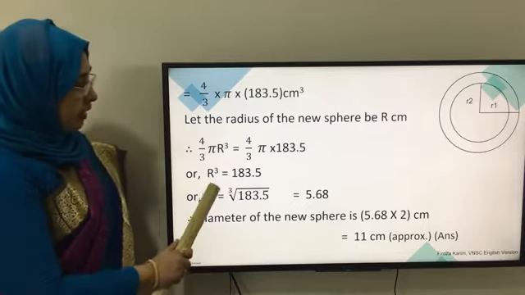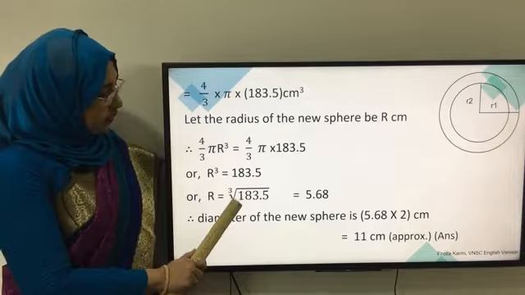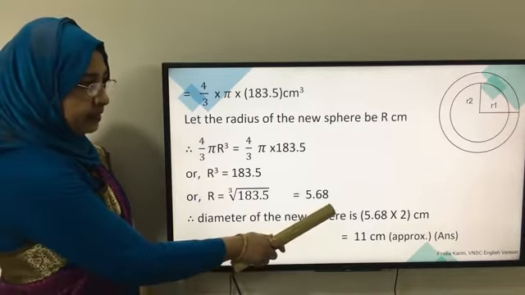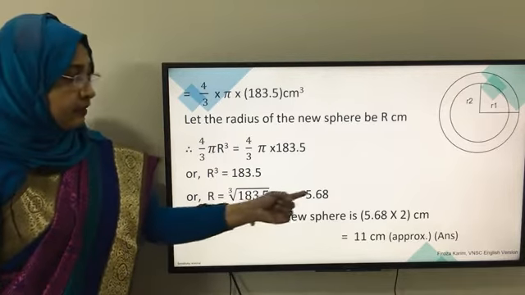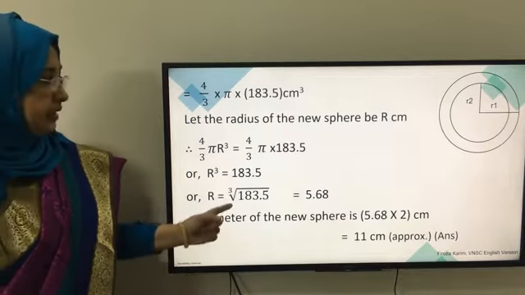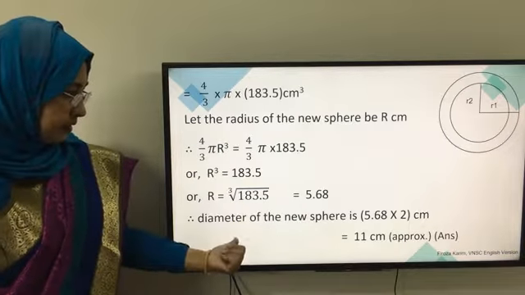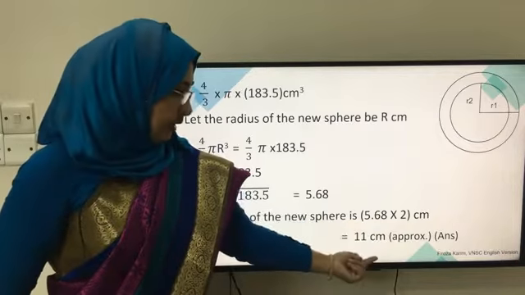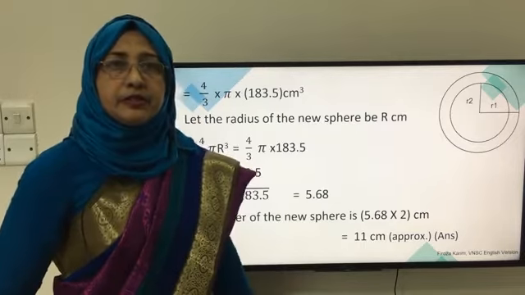And to get R, we have to take the cube root of 183.5, and the result is 5.68. R is equal to 5.68. That is, the radius of the new sphere is 5.68. So what will be the diameter? The diameter of the new sphere will be twice the radius, so it will become approximately 11 centimeter.